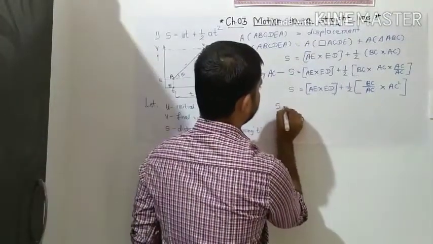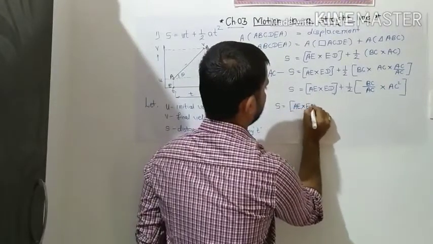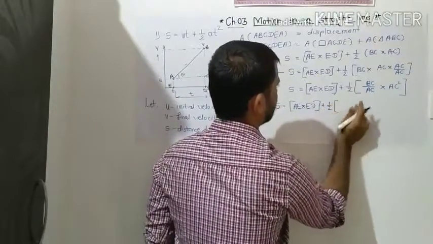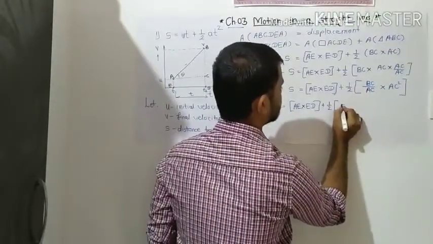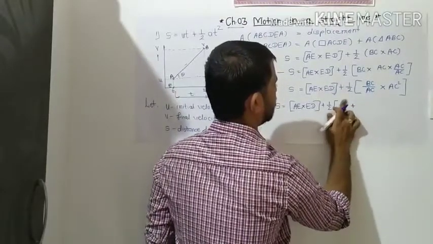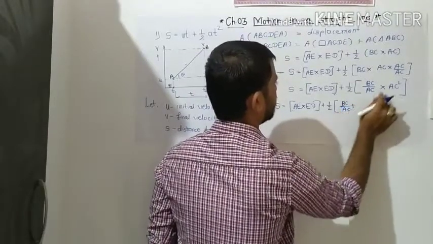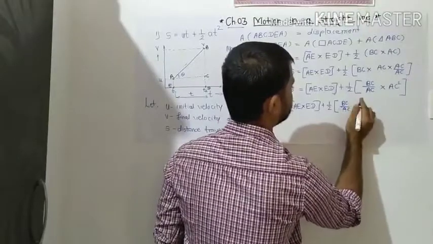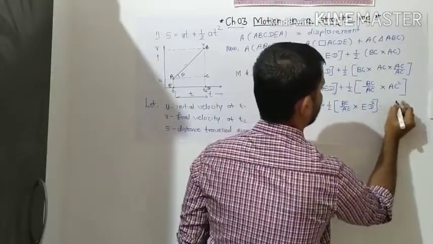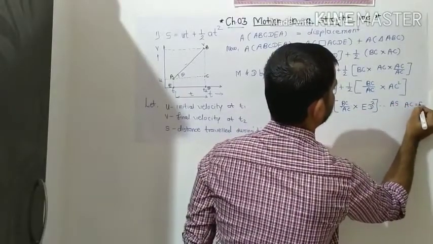So let us put down the values. S is equal to AE into ED plus 1/2 BC upon AC, it is nothing but the acceleration, into ED square, as AC equal to ED.